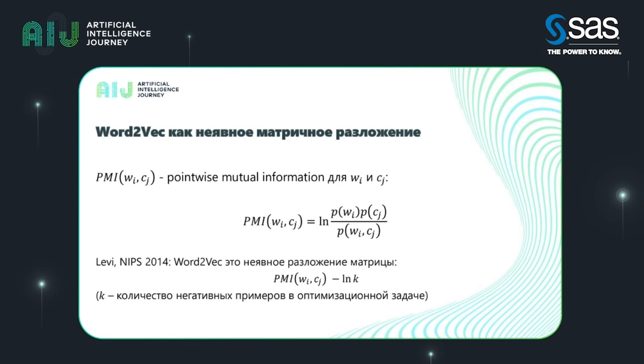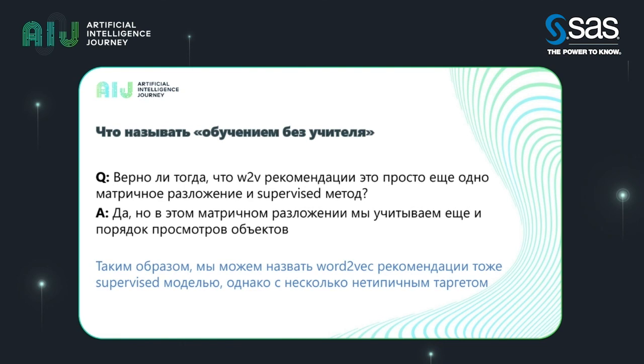I call it unsupervised, but some people may say, well, in 2014, there was a paper that showed that word2vec is actually implicit matrix factorization with a point-wise mutual information. So you can claim that word2vec is not exactly unsupervised, it's just another matrix factorization.